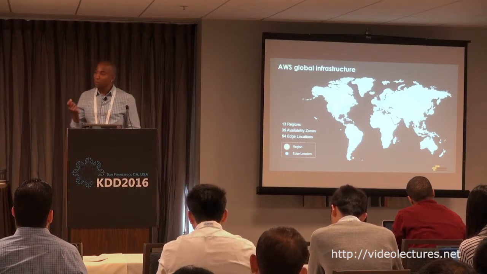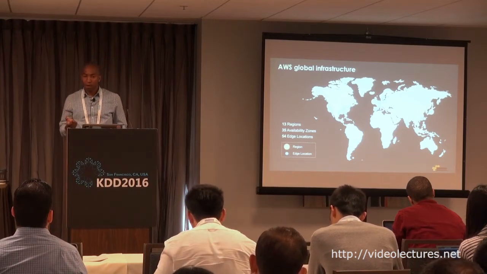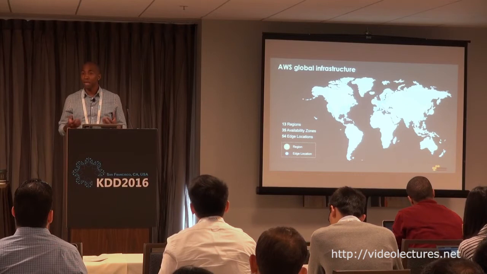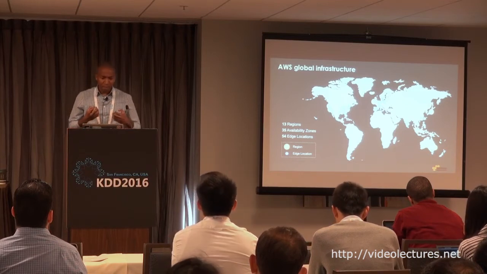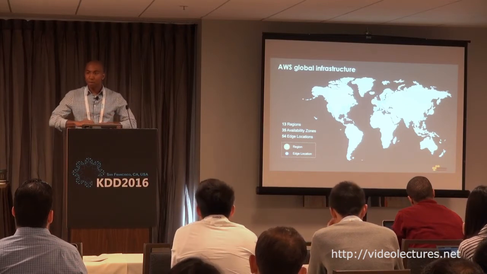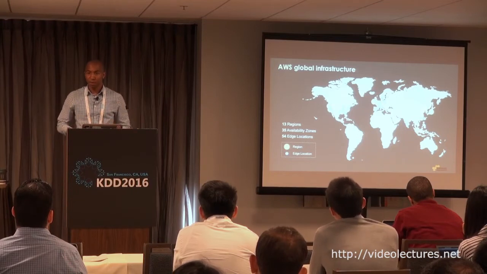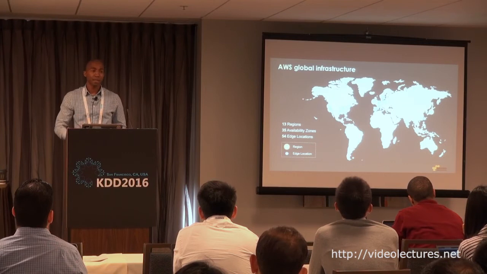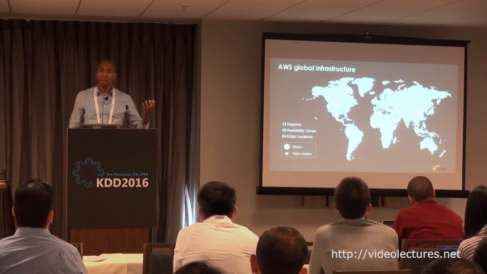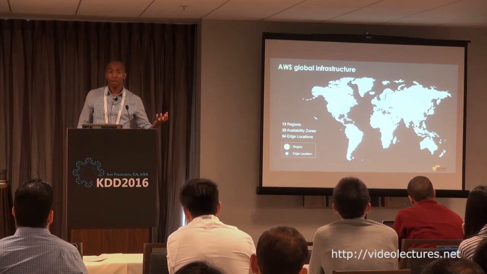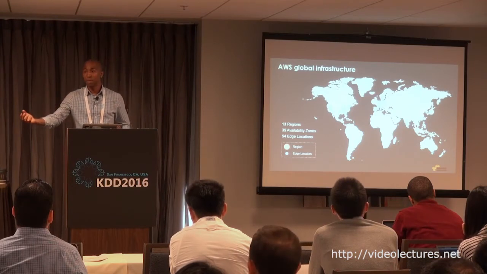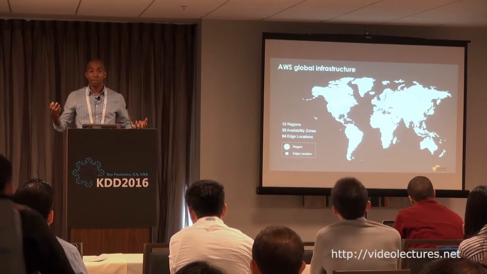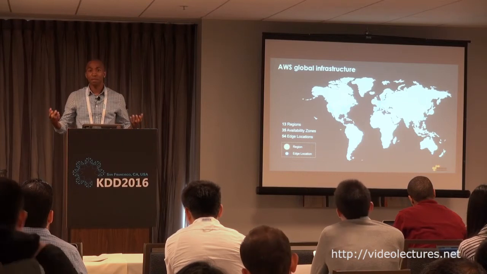AWS. Now, the beauty about the concept and the functionality of AZs is your VPC encompasses all the AZs within a region, right? So your VPC is actually agnostic. What that means is that you can have a subnet living in availability zone A and a subnet living in availability zone B, and the latency between both is single-digit millisecond latency.